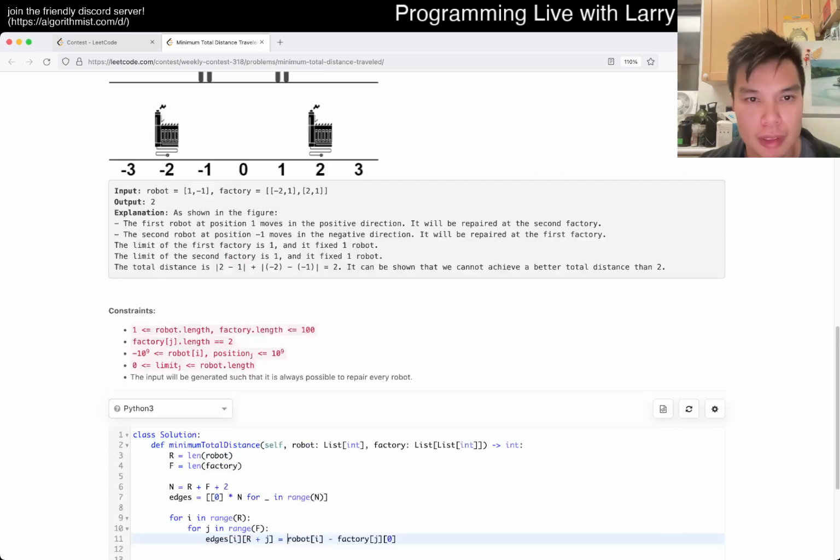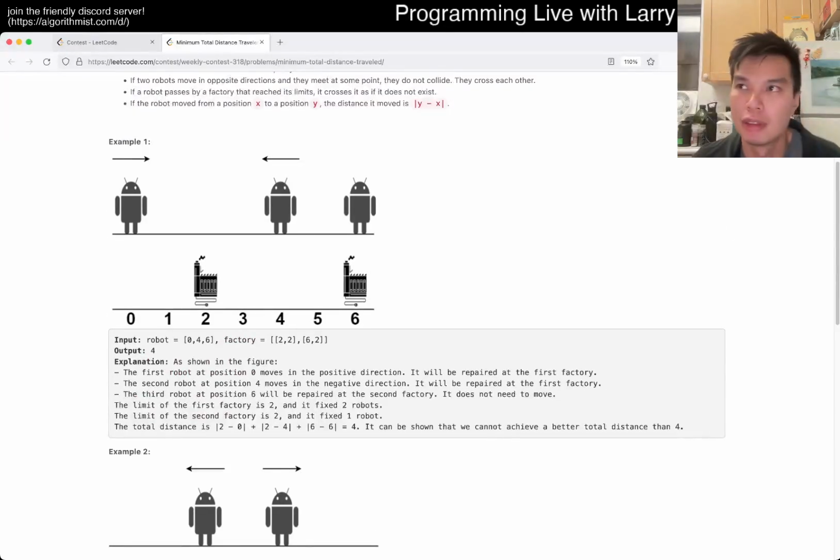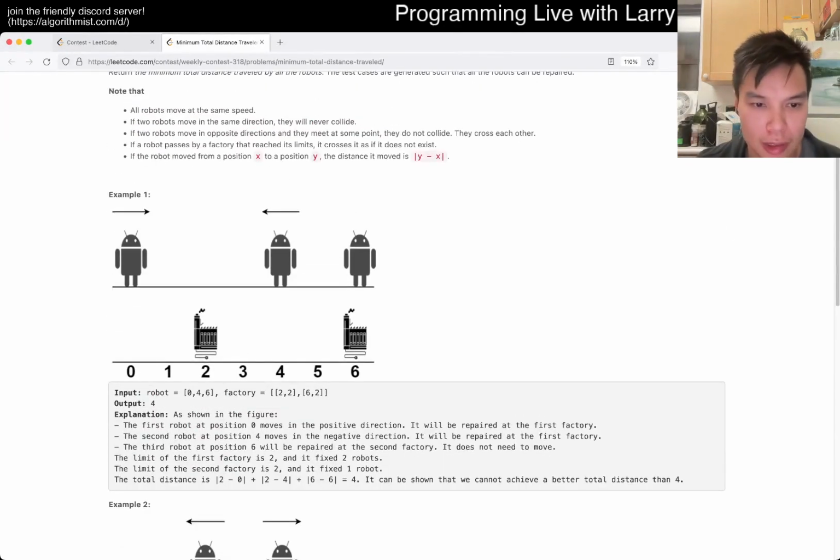This isn't min cost, this is just max flow.